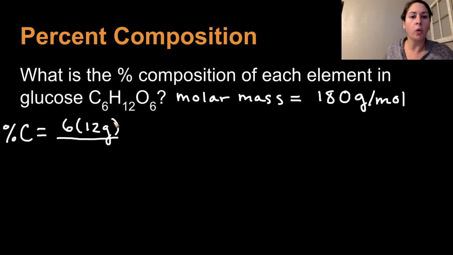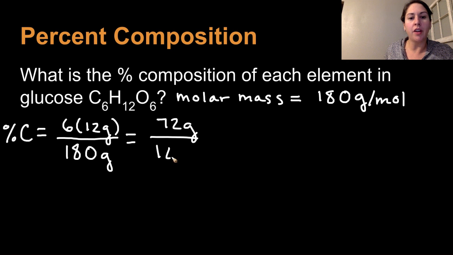So we're going to take the total mass for carbon on the top, and then we want to divide that by the molar mass of our compound, which is 180 grams. Okay, so 180 grams. And so when I do this, that 6 times 12 gives me 72 grams for carbon in that molecule, divided by the 180 grams.